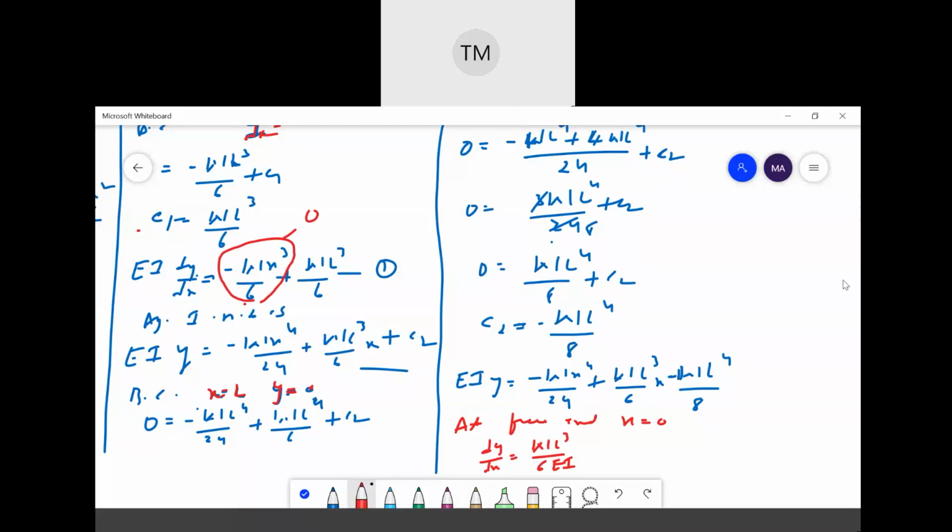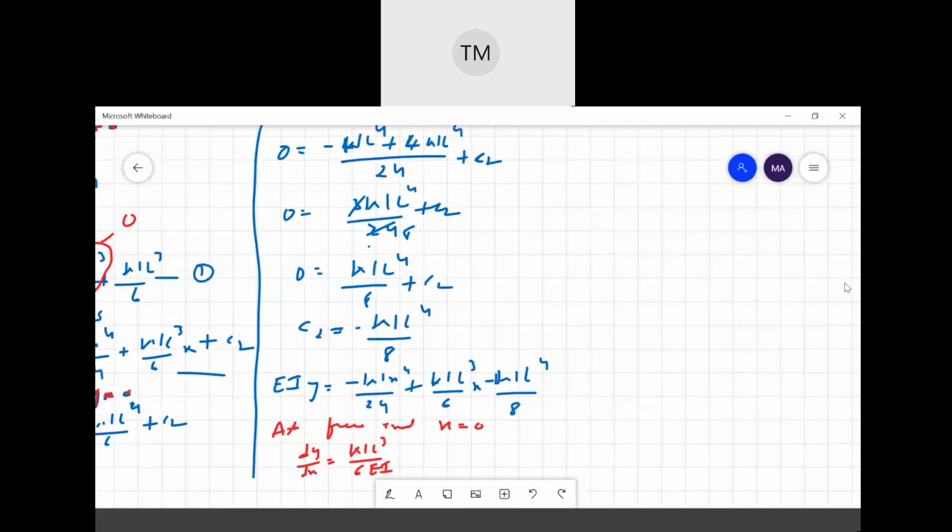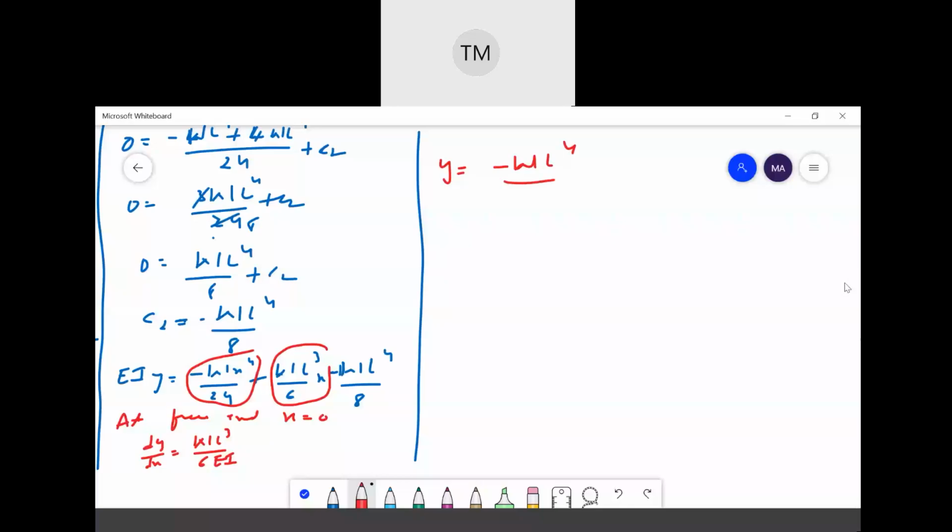Next, the next equation, if I substitute here, what happens again? This term will be 0 and this term will be 0. The remaining term is y is equal to minus WL to the power of 4 by 8 EI.